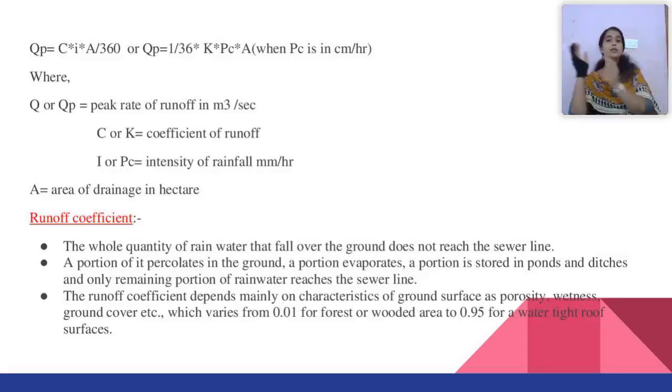This is the variation of the runoff coefficient, that it varies from 0.01 to 0.95. 0.01 is for a forest area or a wooded area, and 0.95 is for paved or watertight areas. And the value will lie in between these two values for a particular catchment area, depending upon the soil characteristics and the vegetative cover in that particular catchment area.